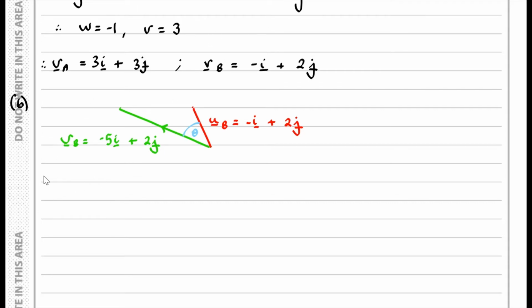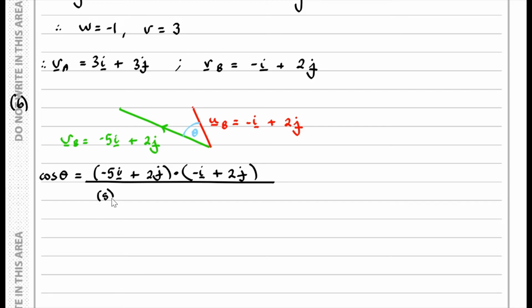So we've got over here cos theta, that's equal to this vector over here, minus 5i plus 2j, dot product with this vector over here, minus i plus 2j, and then we divide this by the magnitude of this vector over here.